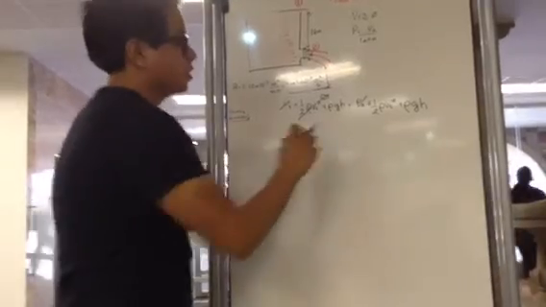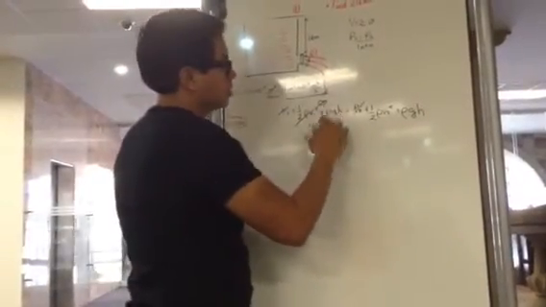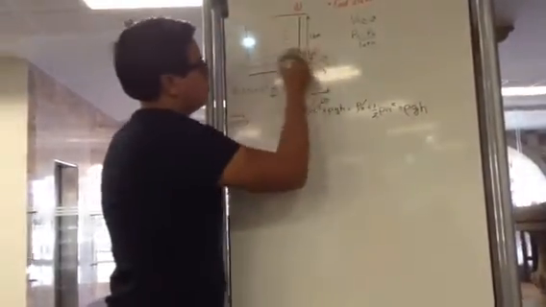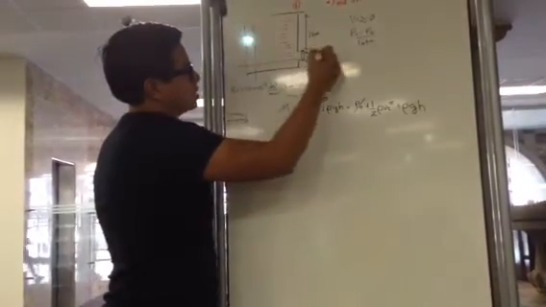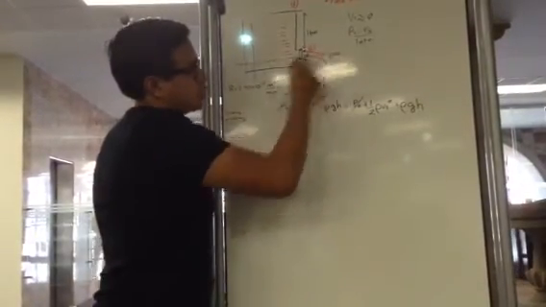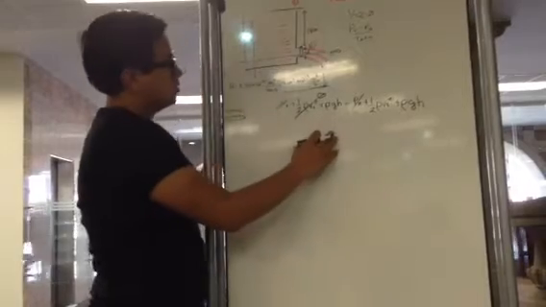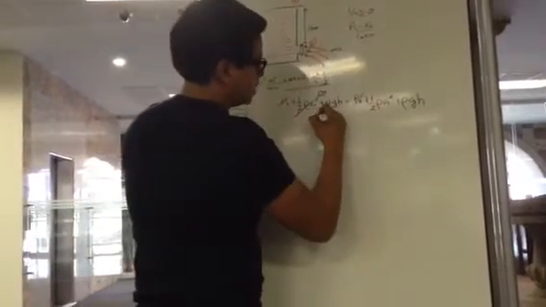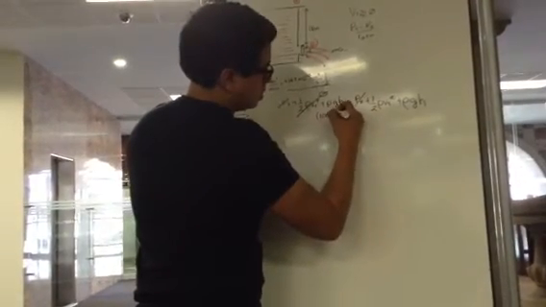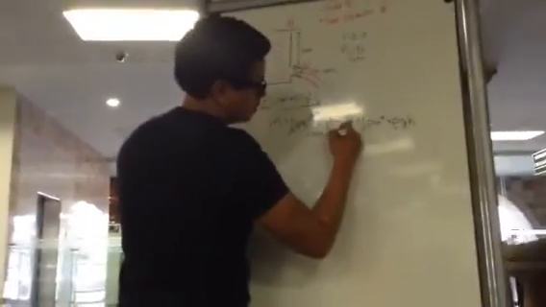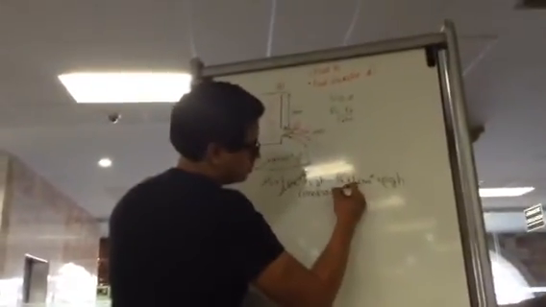For the first case, this is going to be our origin point, so we're going to take this as x equals 0, where the hole is. So this first point is going to be the density of water, times the gravity, times the height.